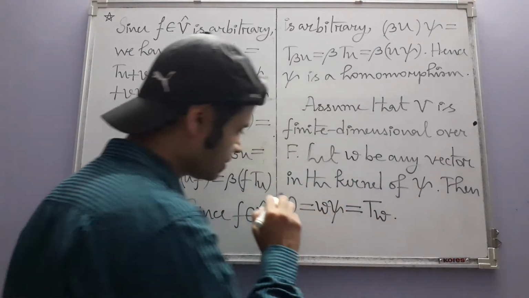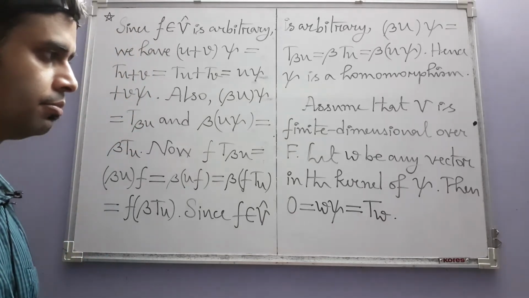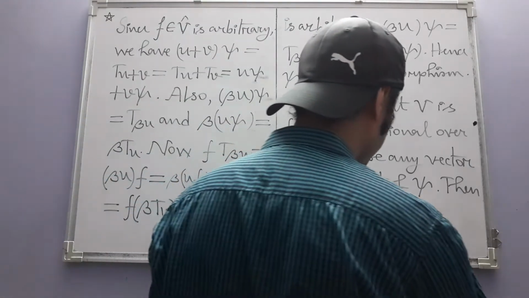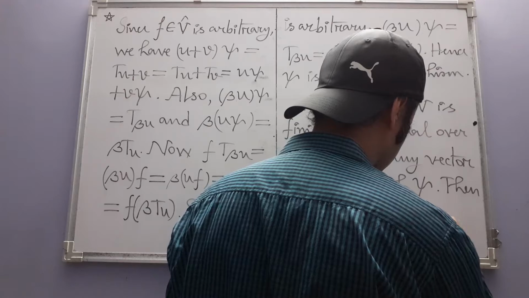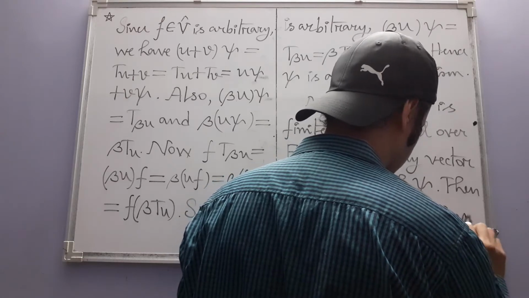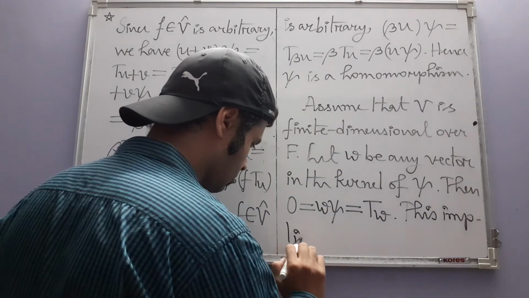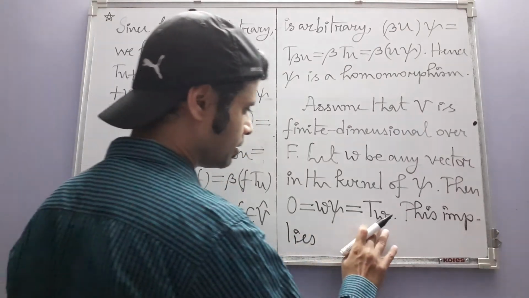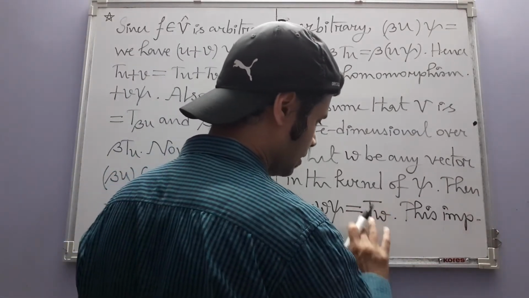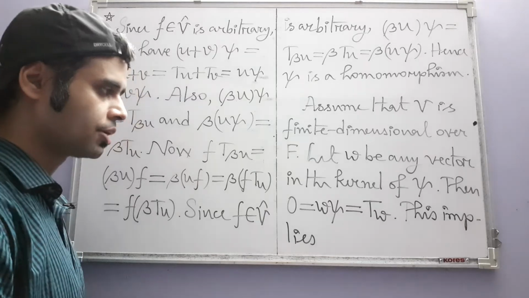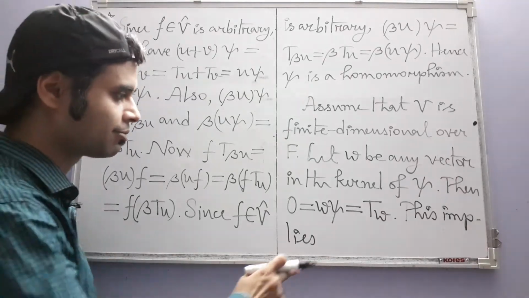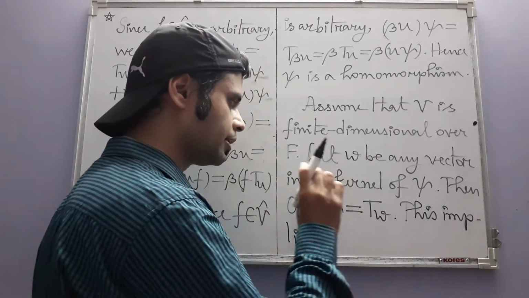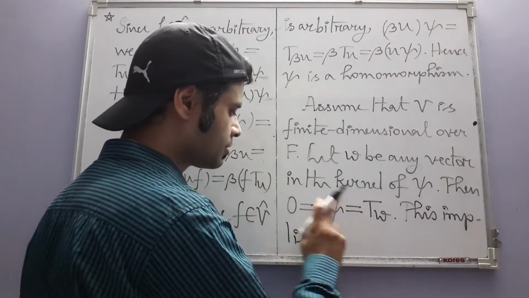But what does this itself mean? This implies that the element T w, because it's a function after all, a function whose domain is the ordinary dual space of V, is the zero function.